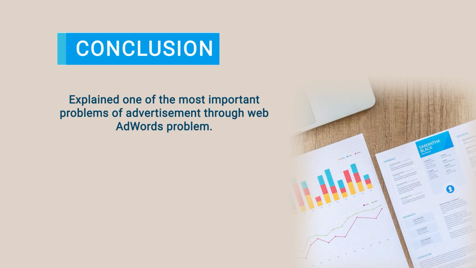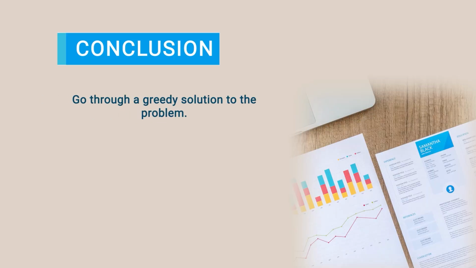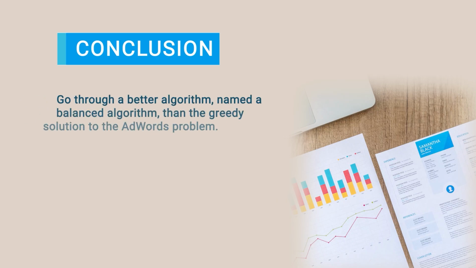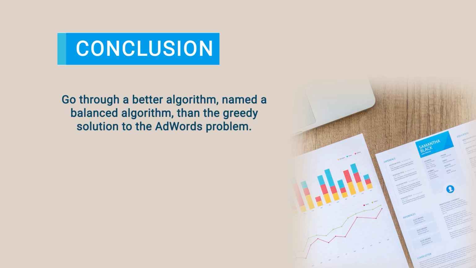Now, how the ad selection is done, for that we have discussed the AdWords problem, and in that we have discussed first the online algorithm, which is the greedy solution of the problem. Then we have discussed the problem with the greedy solution, that in the worst case it only meets half of the optimal revenue. Then we have discussed the solution, which is the balanced algorithm, and which in the worst case produces 3/4 of the revenue. Thank you.